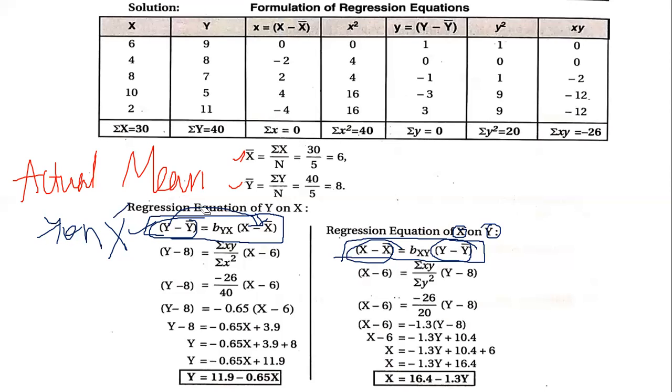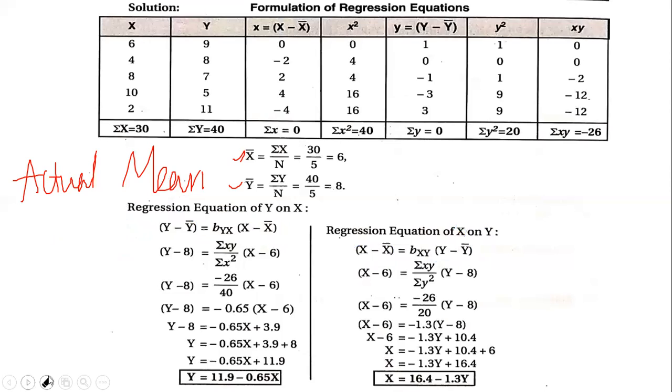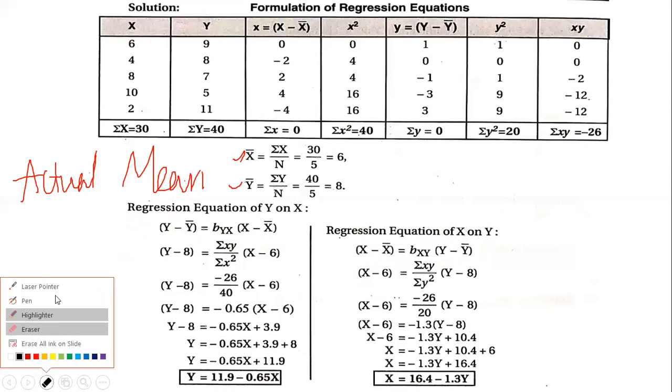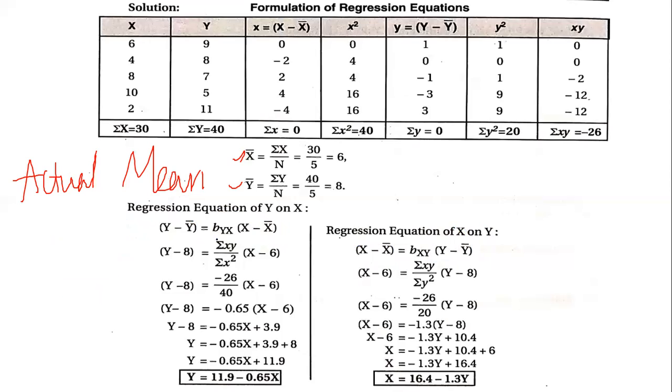Clear? So, y minus y bar is equal to byx. See, everywhere, wherever y is first, put y first. Okay, byx into x minus x bar. So, what is the formula of byx which we derived there? It is nothing but sigma xy divided by sigma x square.